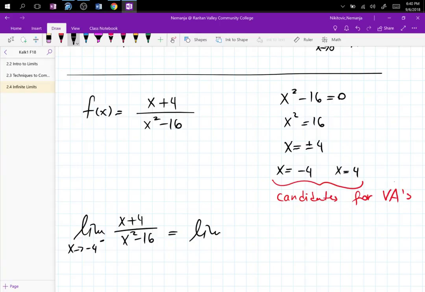All right, we're going to factor. We know the previous section taught us the tricks, right? So x plus 4, x minus 4. These cancel. And we have x approaches -4 from the left. So now we have -4 minus 4. It's -1/8.